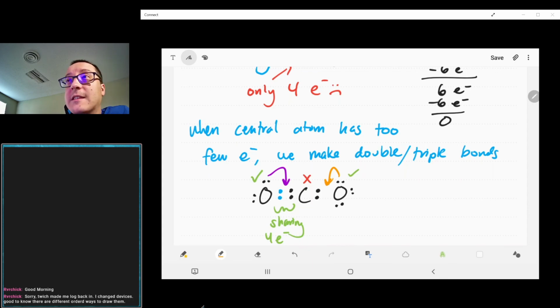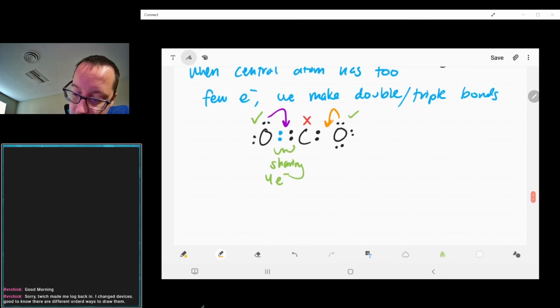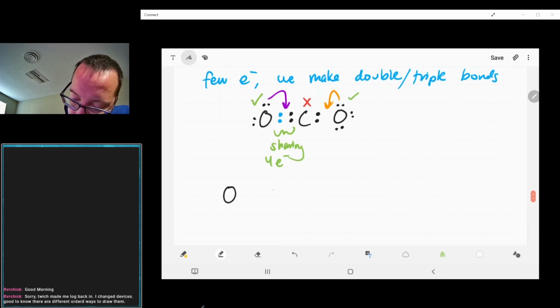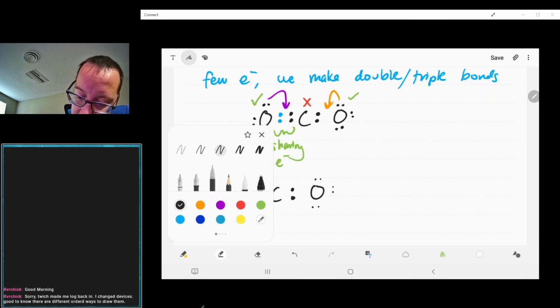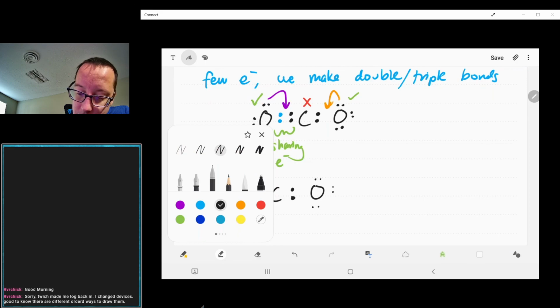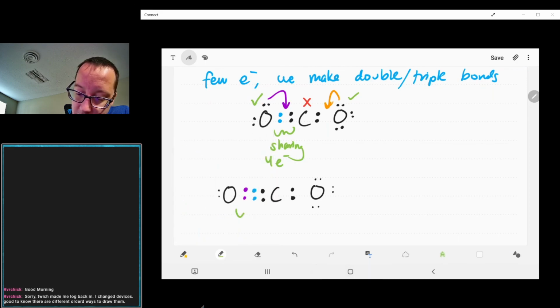Let's see what these 2 would look like. All right, let's take a look here. So we'll keep our single bonds here. We have our shared blue bond and our shared purple bond. So now that is 6 shared electrons there.